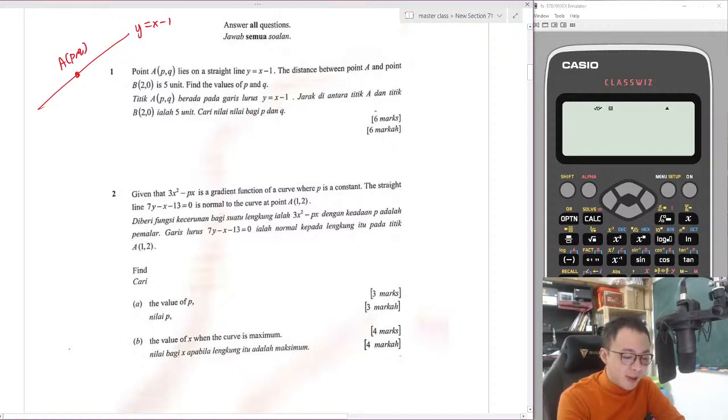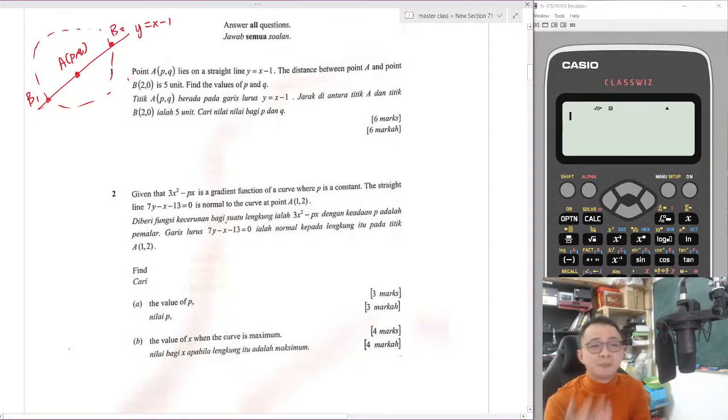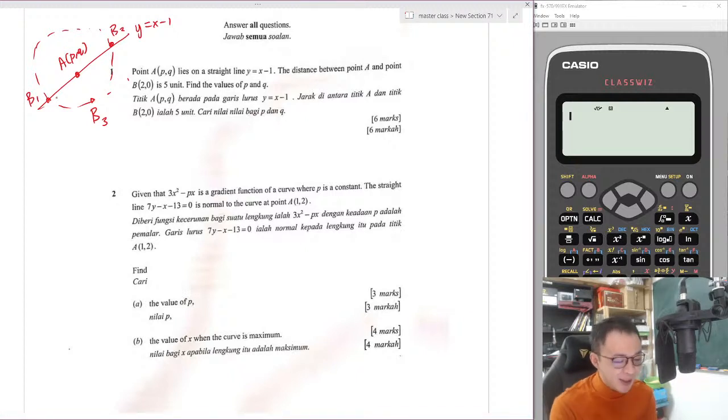And then point B, they say point B is 5 units from A. We do not know how it looks, but B can be either here B1 or here B2, or somewhere here also, B3.